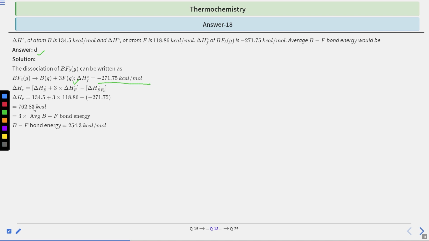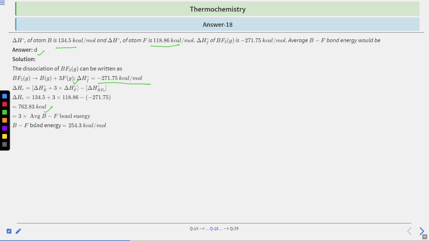On putting the values, we have del H naught of B given as 134.5 plus 3 times del H naught of F given as 118.86 minus del H naught of BF3, which is minus 271.75. In total, it is coming out as 762.83 kilocalorie. The enthalpy of the reaction can also be written as thrice multiplied by the average BF bond energy, right?